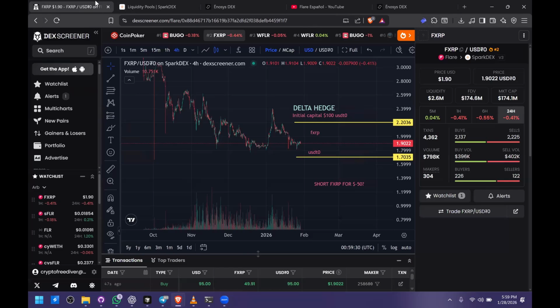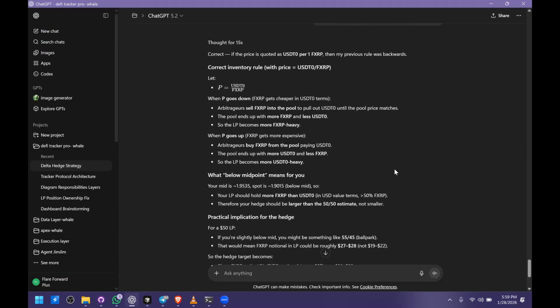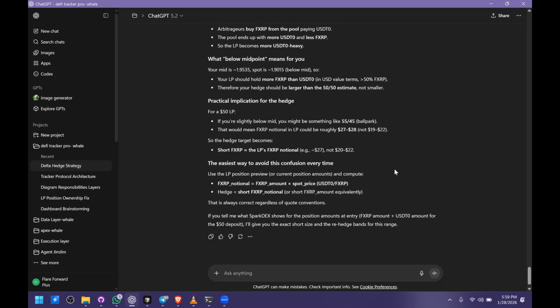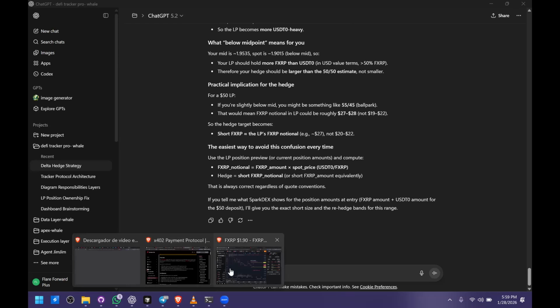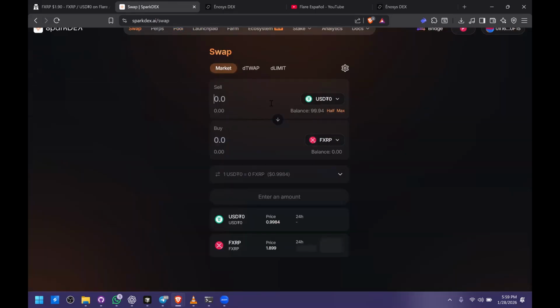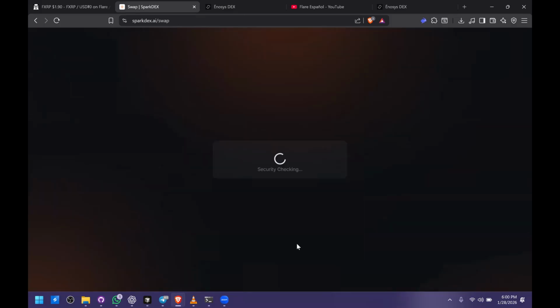So now, if my calculations or this thing was correct, for FXRP I need to have $27. Let's try that. So we are going to swap $27 of USDT into FXRP. Swap, confirm.